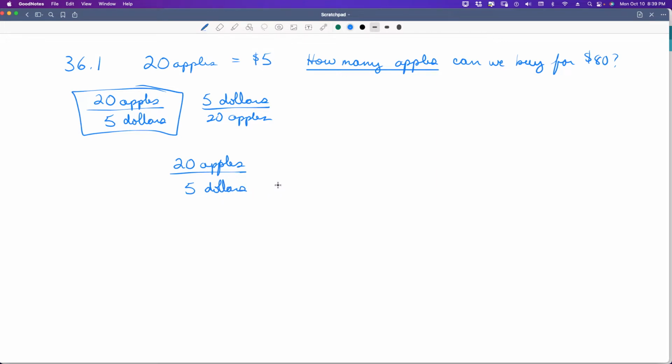And now we're going to bring this value in, okay? And we're going to write this as if it were a fraction itself. And the way we turn a whole number into a fraction is by putting that whole number over 1. So we're going to write $80 over 1.